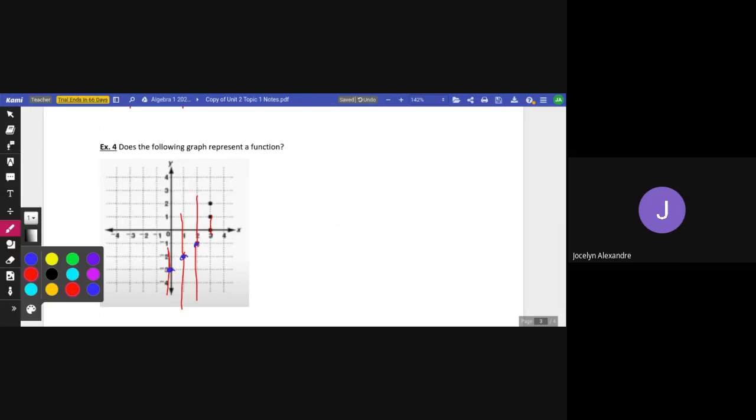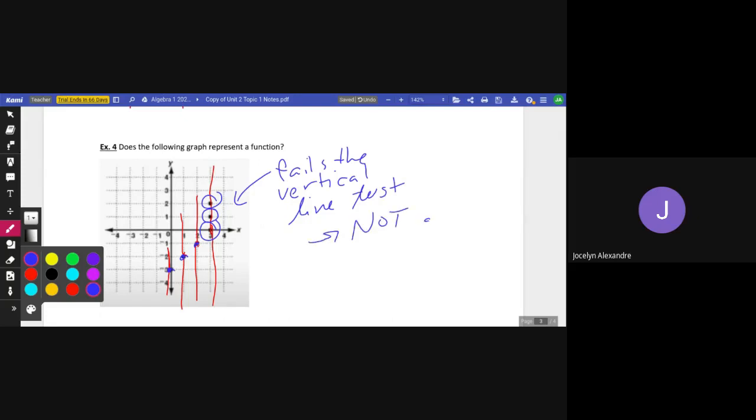If I draw a vertical line here, it goes through 3 dots, which is a problem. So it goes through this 1, 2, 3 times. So that's a problem. So this fails the vertical line test, which tells us that this is not a function.